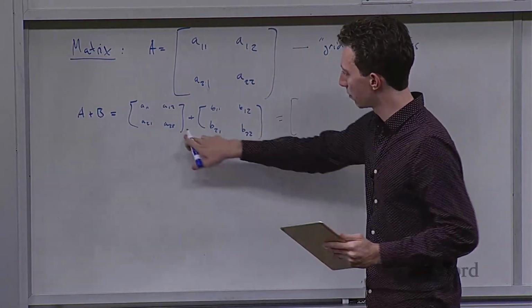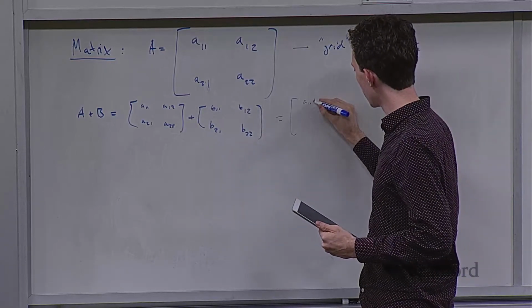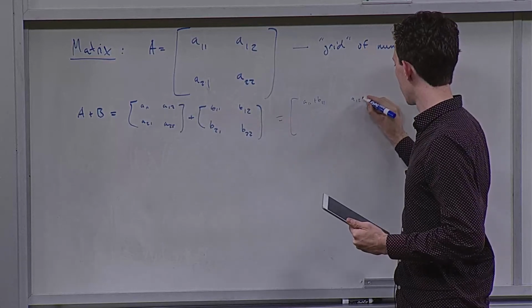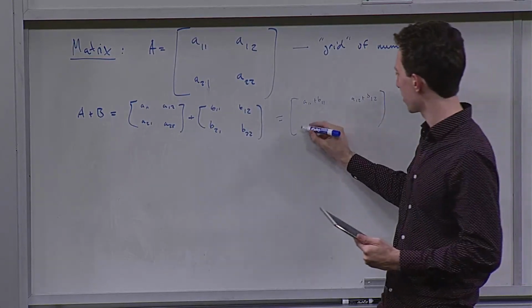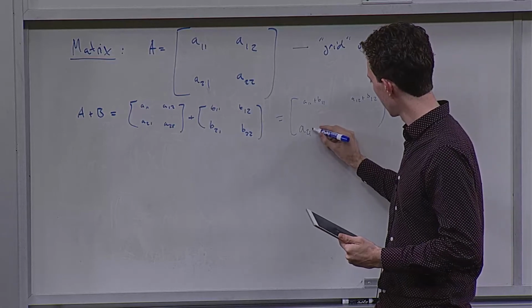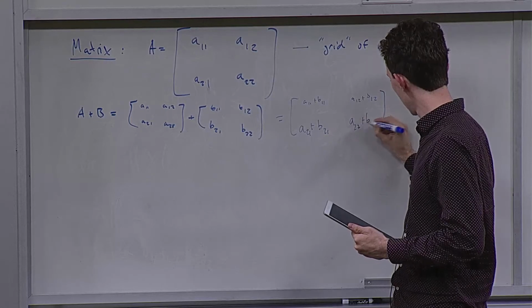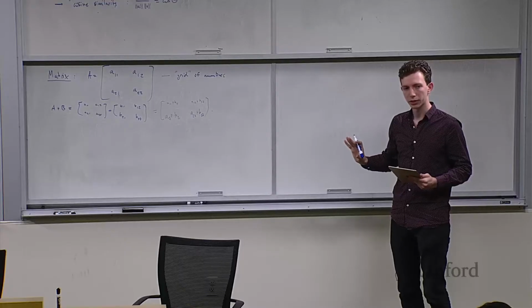So for matrices to add them, they have to have the same size. The result is going to be the sum of these 2 slots, the sum of those 2 slots. I realize I'm writing really small, so I apologize for that. And this generalizes to larger sizes, hopefully pretty clearly.